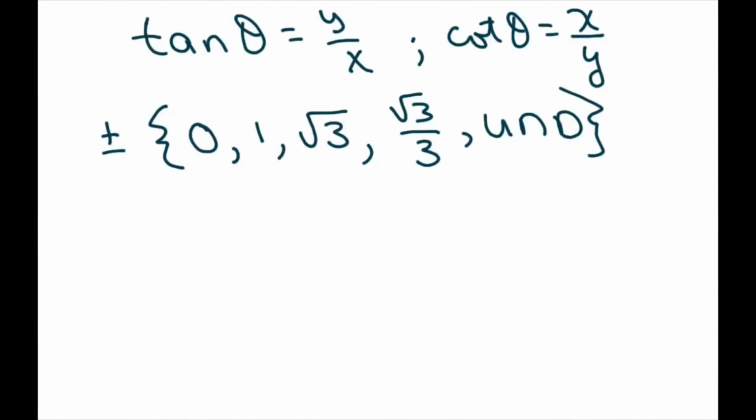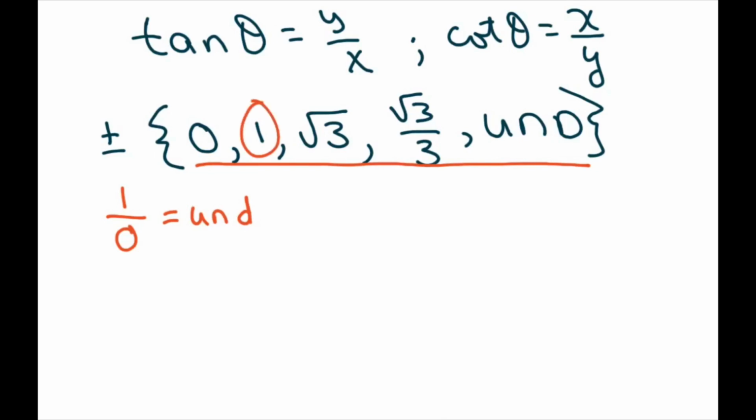And the last note I want to bring up is tangent. For tangent, those are the ones that are most missed. And for tangent, these are your common answers. If you have 1 over 0, that would be undefined. Then it's plus or minus depending on what quadrant you're in, the 1 would be the 45 ones.